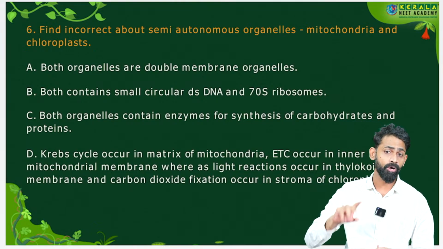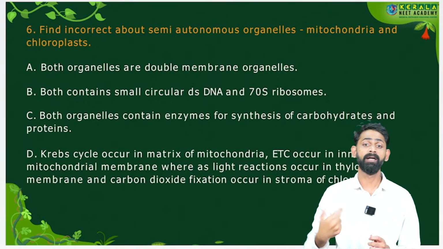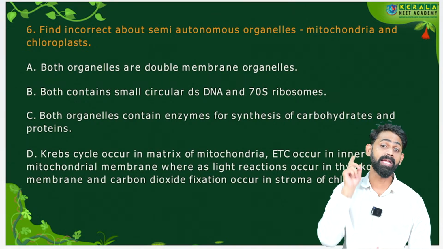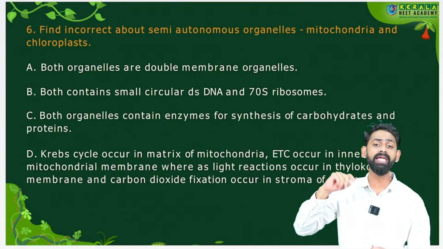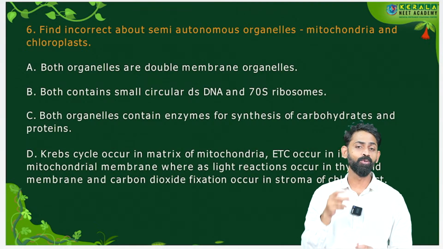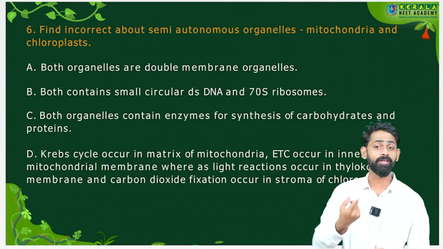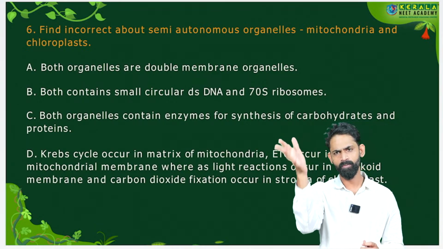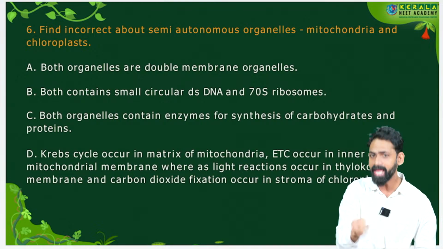In the case of chloroplast, the outer membrane and inner membrane are both smooth. But in the case of mitochondria, the outer membrane is smooth, while the inner membrane shows certain foldings. Those foldings are called cristae. Do you know why the inner mitochondrial membrane is folded? You should know why the inner mitochondrial membrane is folded in the form of cristae.